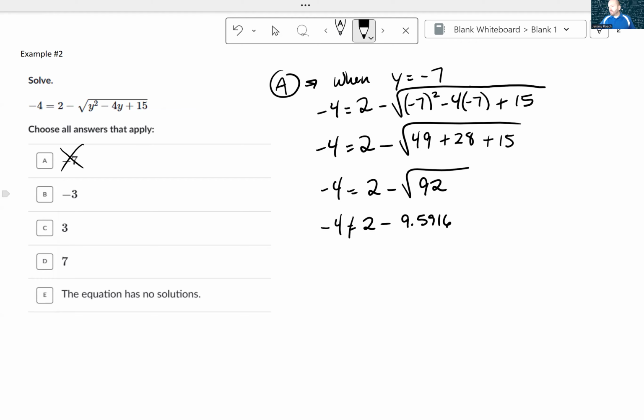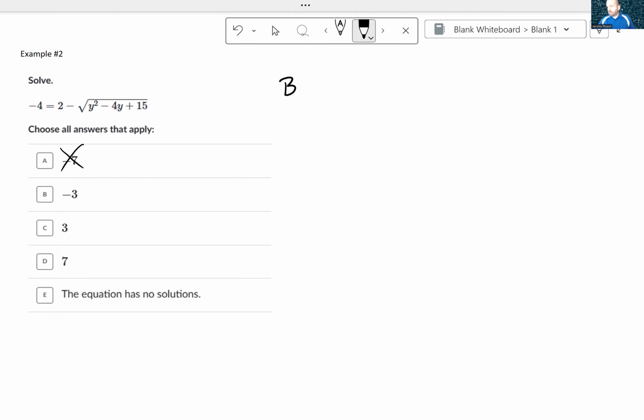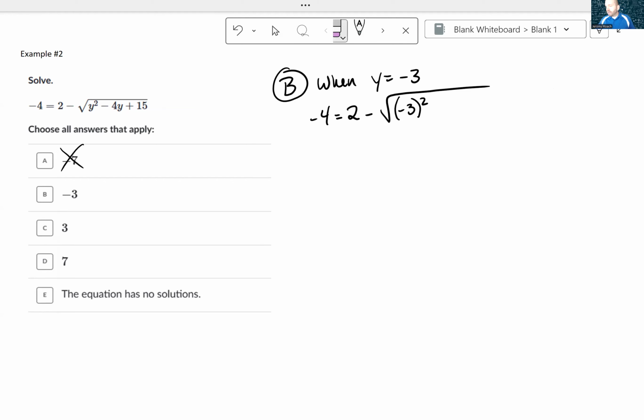Okay, then we'll check B. For B is when y equals negative 3. Negative 4 equals 2 minus the square root of negative 3 squared minus 4 times negative 3 plus 15. Negative 4 equals 2 minus the square root of 9 plus 12 plus 15.